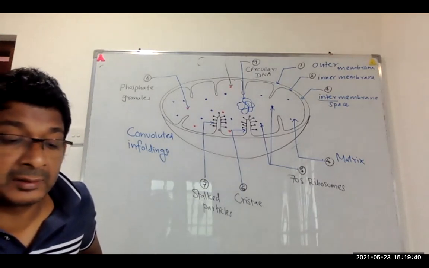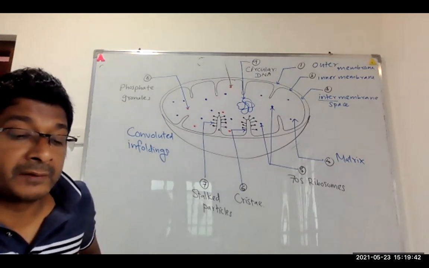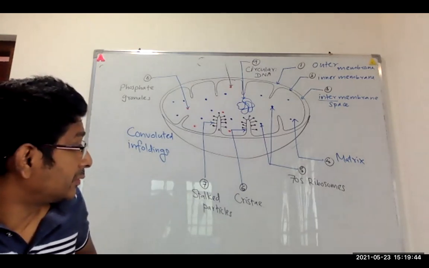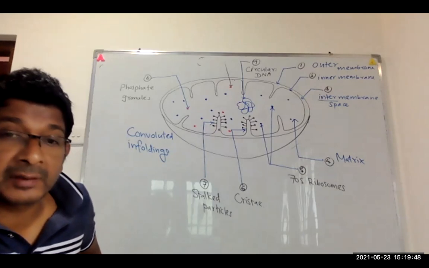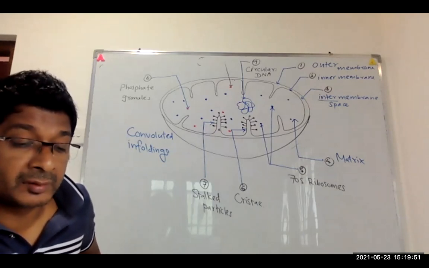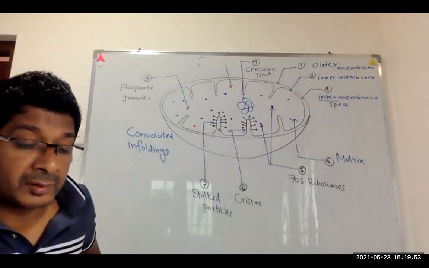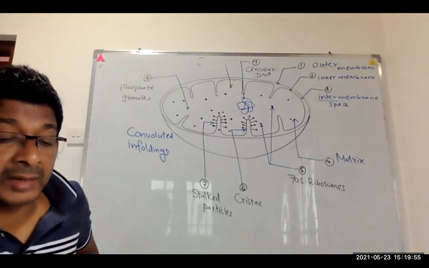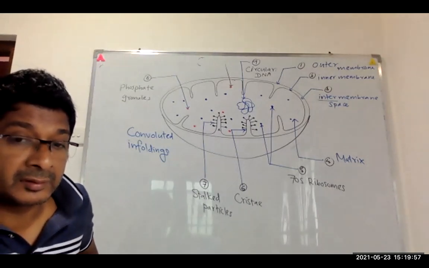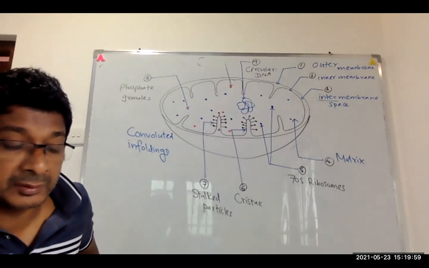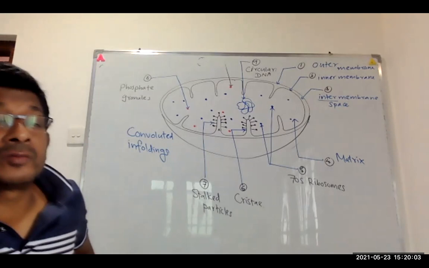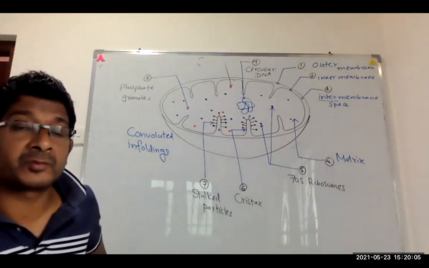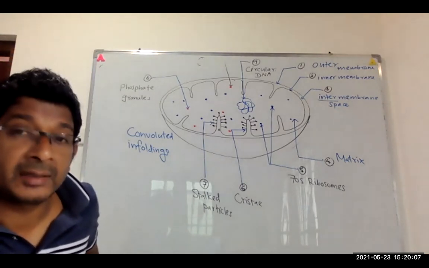Next, 70S ribosomes. Next, phosphate granules. Fourth one, enzymes.